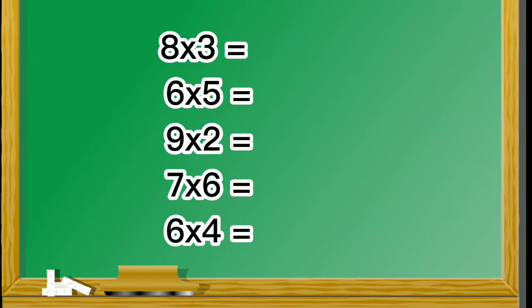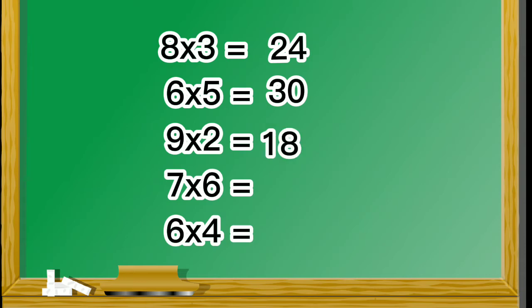Let's review what you have learned in our previous discussions. 8 times 3 is equal to, if your answer is 24, you're right, very good. 6 times 5 is equal to, if your answer is 30, you're right again, amazing. 9 times 2 is equal to, if your answer is 18, you're right again, amazing. 7 times 6 is equal to, what is your answer?